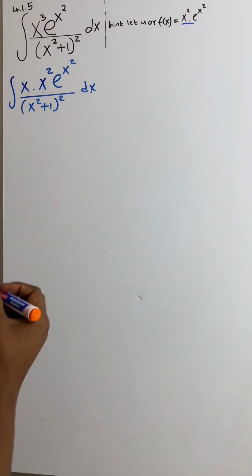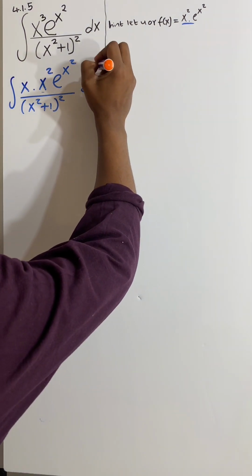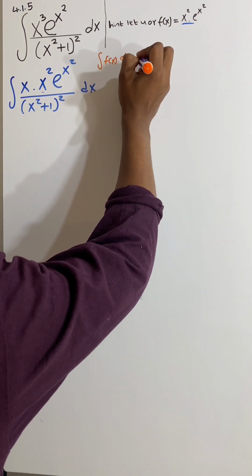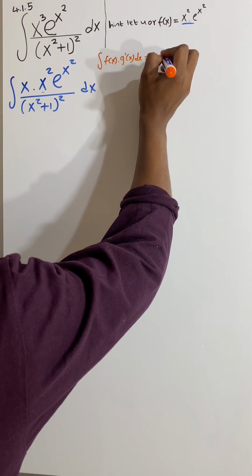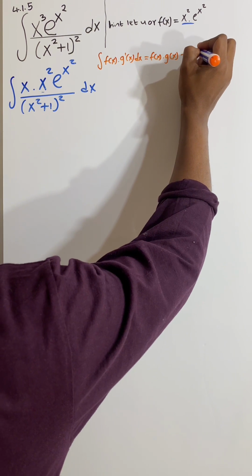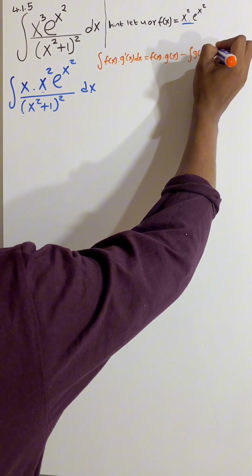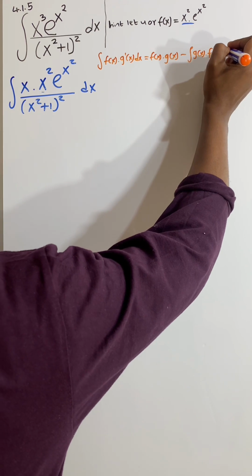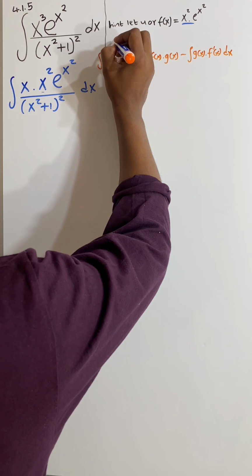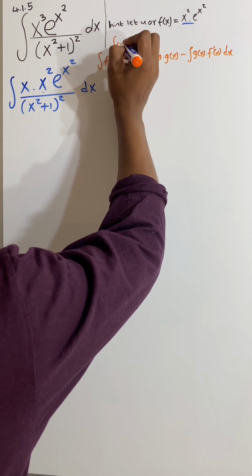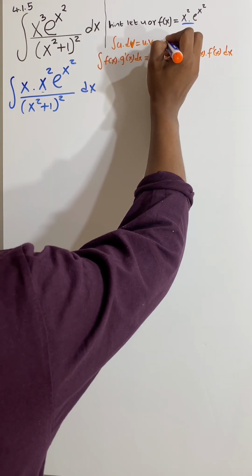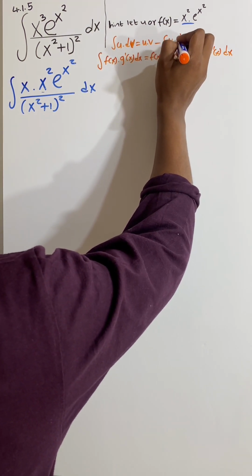That is just advice for us to use integration by parts, where we'll have the integral of f of x g prime of x dx is equal to f of x multiplied by g of x minus the integral of f prime of x g of x dx, or the other formula you can write: the integral of u dv is equal to u multiplied by v minus the integral of v du.